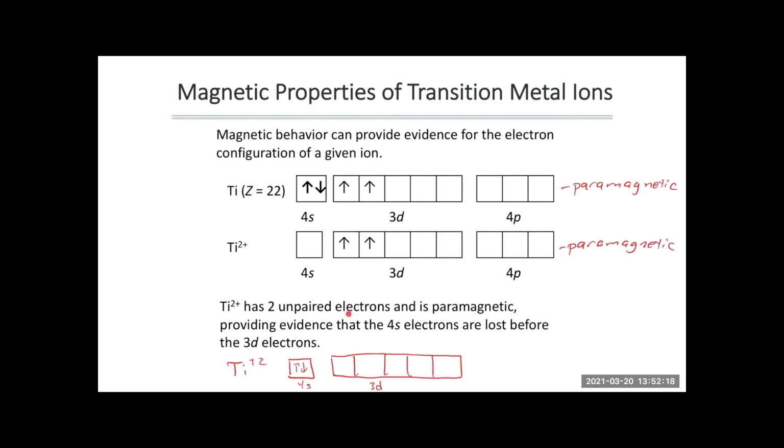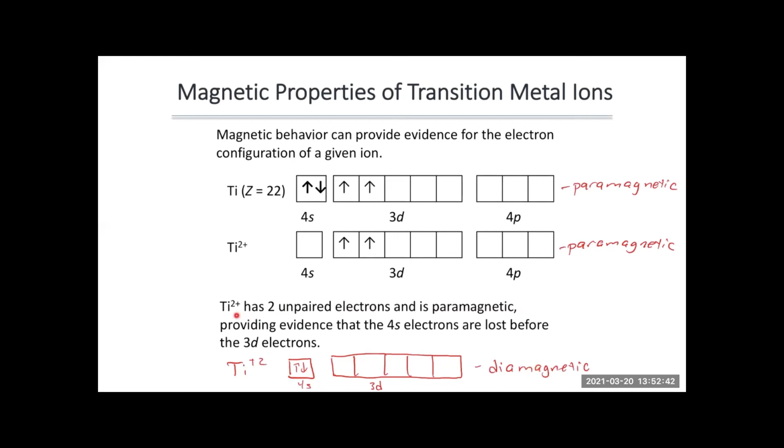However, if it loses the electrons from the 3d orbital, it becomes diamagnetic because I have the electrons paired. It has no unpaired electrons now. So if it has no electrons unpaired, it's diamagnetic. So it had very different magnetic properties.